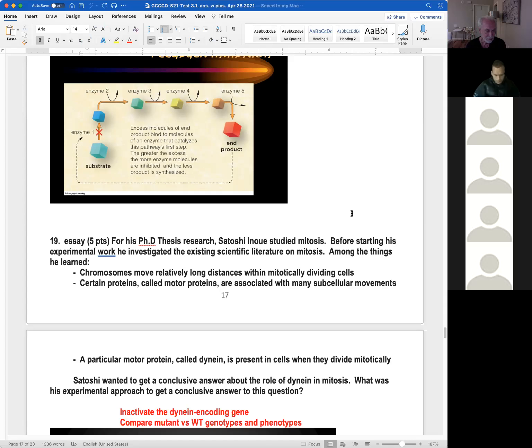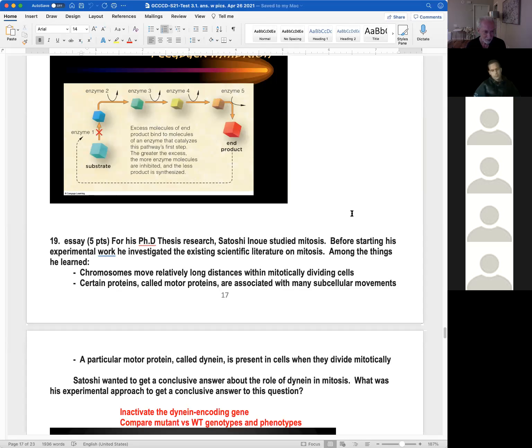And he made many observations, including the fact that chromosomes move relatively long distances in dividing cells, and that there are certain proteins called motor proteins that are associated with subcellular movements.